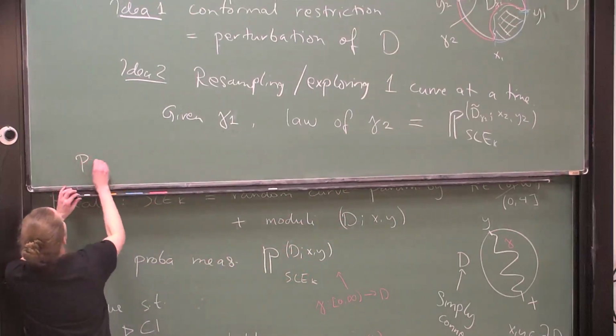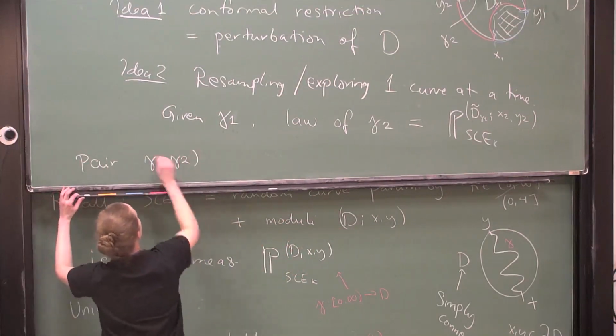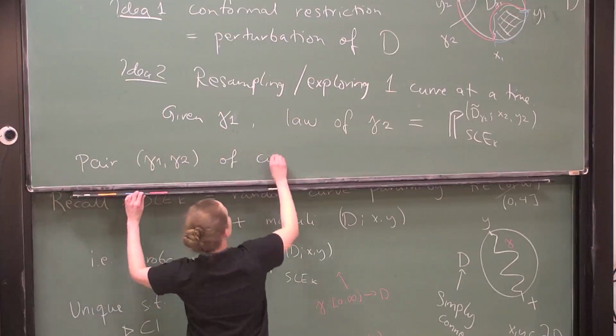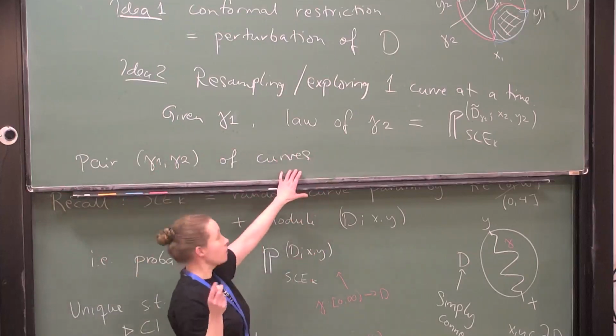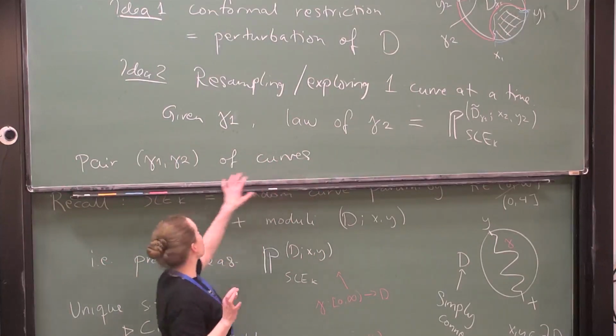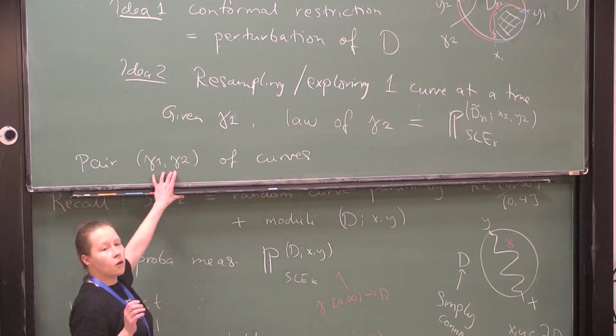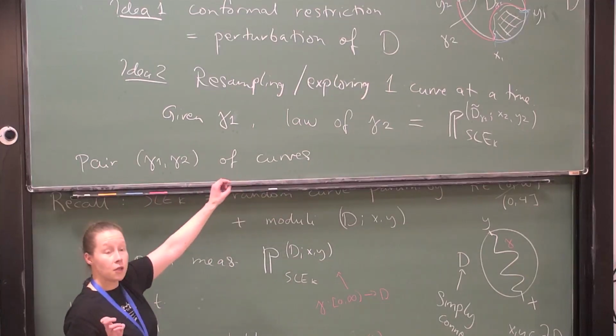Like, we would have a pair, gamma 1, gamma 2, of random curves. And there's actually a convex set of measures for these pairs of dimension 2, kind of spanned by the two different options in a sense.